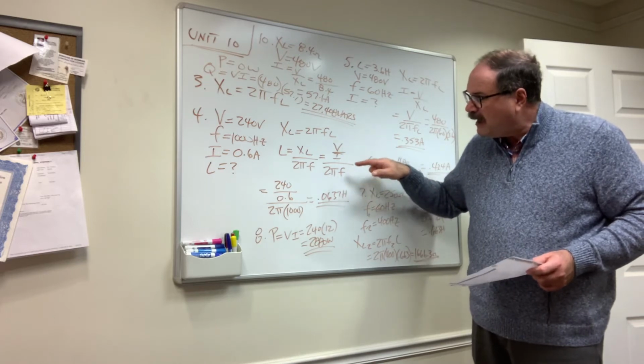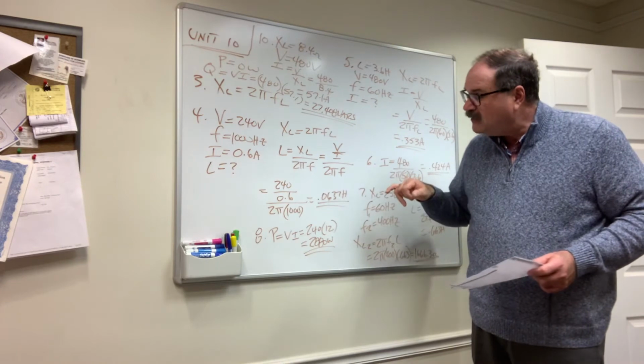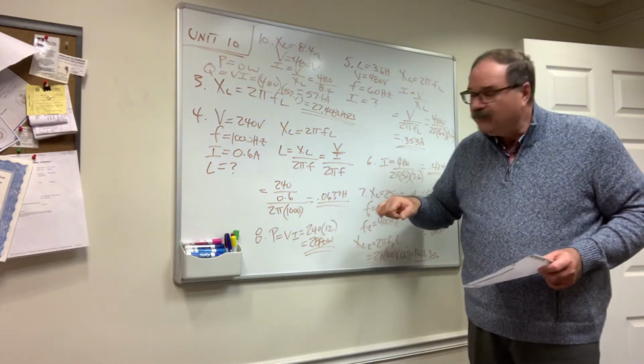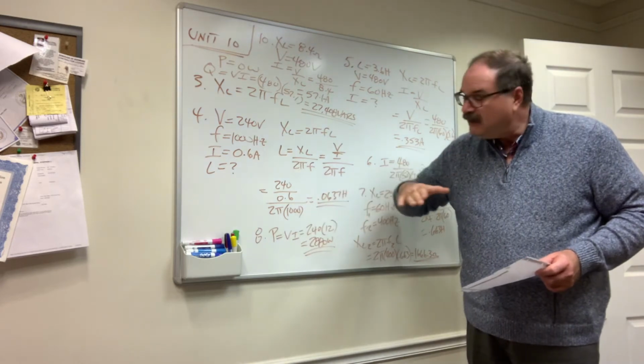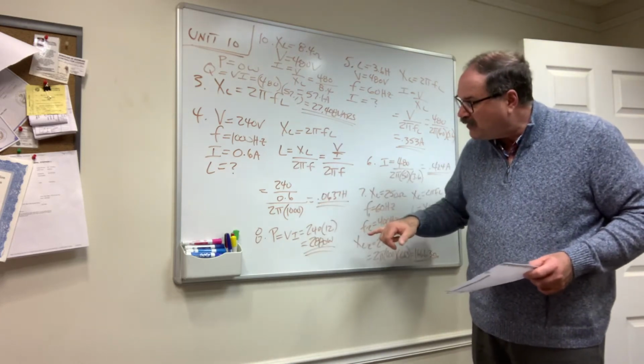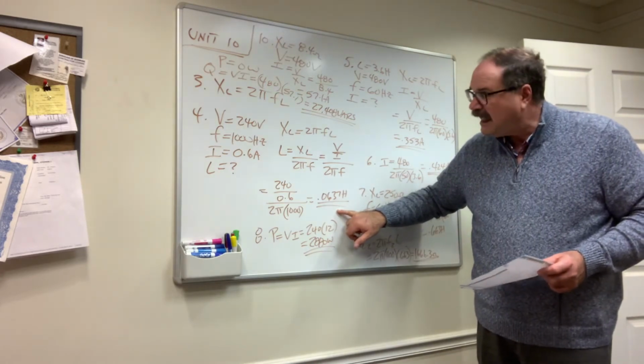So V divided by I, that whole expression will be divided by 2 pi times F. So now if we plug the numbers in, 240 divided by 0.6, that expression divided by 2 pi times 1000, final answer 0.0637 henries.